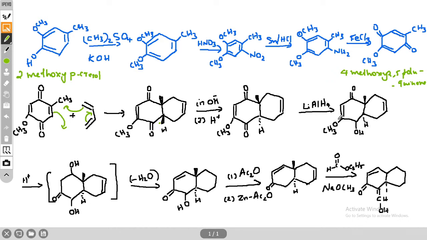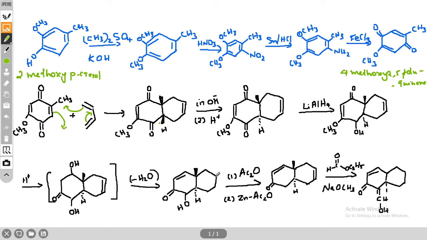So it is converted into its keto form. That is this structure. Then this molecule also is not very stable, that is why I am writing it in a bracket. So this molecule easily eliminates one molecule of water, that is one hydrogen from here and one OH group from here. Then it forms a double bond like this.